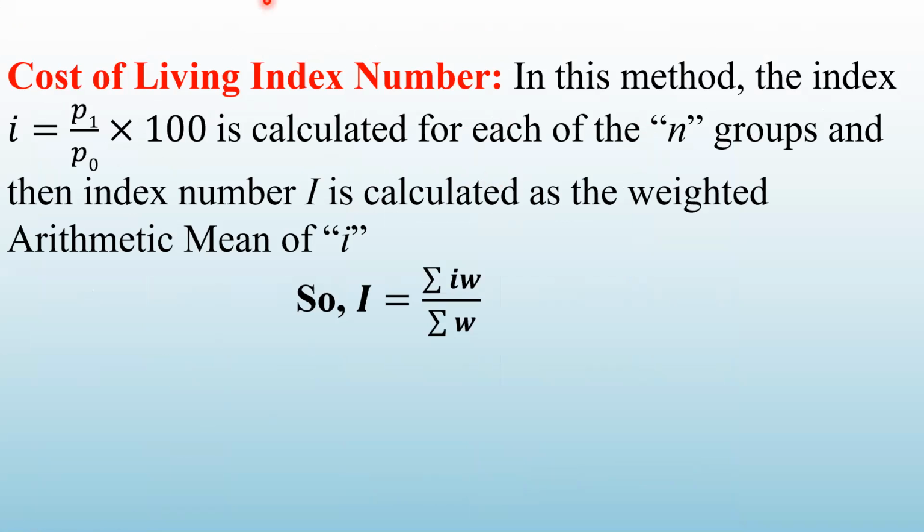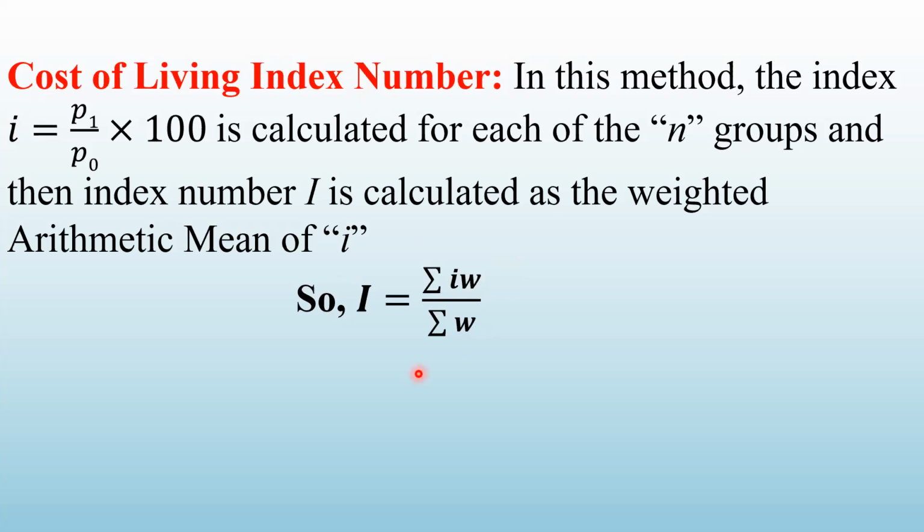Whatever groups are given to you, you calculate the relative price, which we also call the index. So we calculate the index for each group as I equal to price in the current year divided by price in the base year into 100. And then we take the weighted arithmetic mean of I. So the weighted mean of I will be summation of IW divided by summation of W. This is nothing but our same formula of weighted average of price relative.